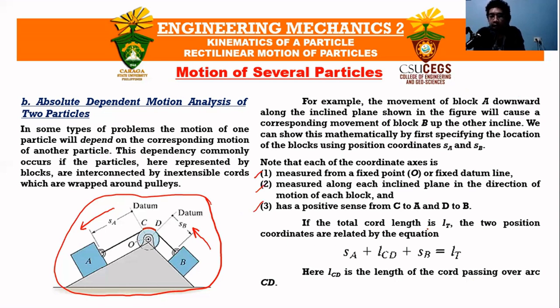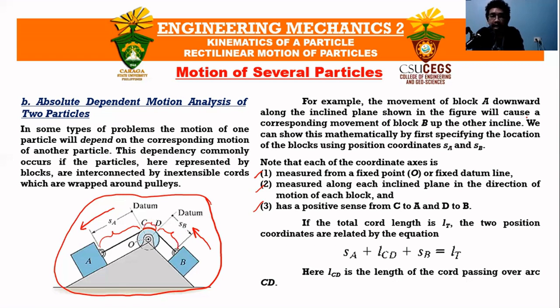So the total cord length here, based on this example, is equal to SA, plus the cord length passing over arc CD, and also plus the length SB.